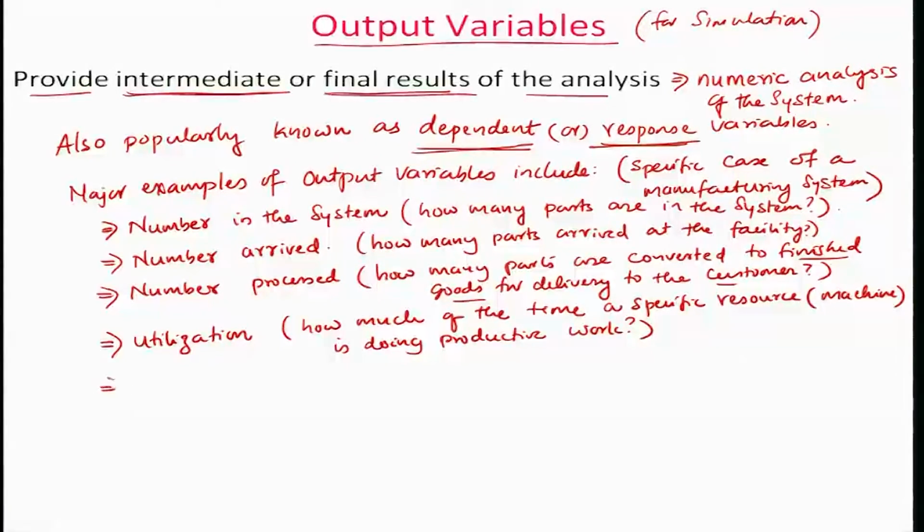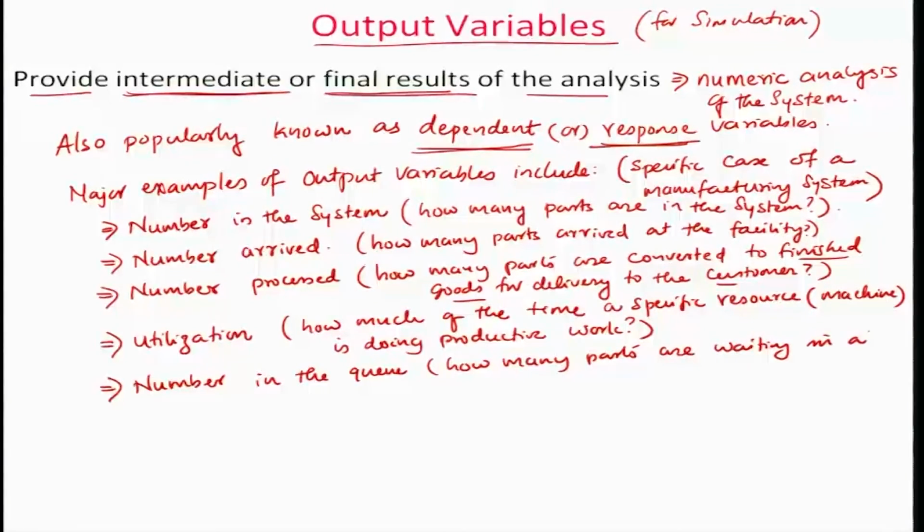Then number in the queue. It measures how many parts are waiting in a queue to get processed. So, how many parts are waiting in a queue in front of a machine, so that it can get processed? That will be the number in the queue.